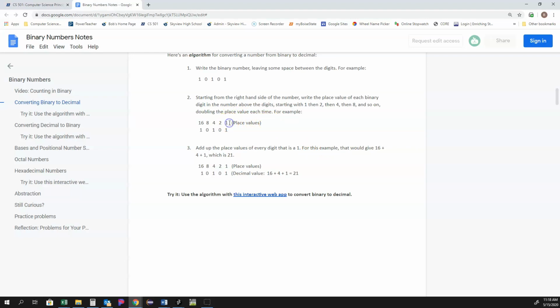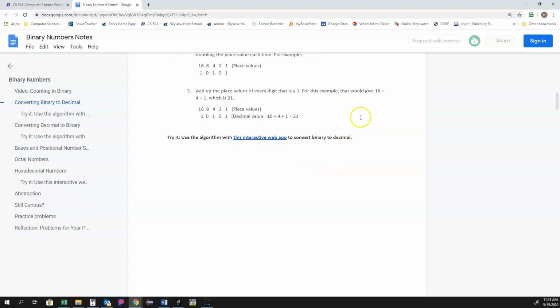Remember, each place value jumps by 2, so we have the ones place, then times 2, 2 times 2 is 4, 4 times 2 is 8, 8 times 2 is 16, and so forth. Then the next one would be 32, then 64, etc. You start with the ones place and put your binary number underneath that number line. Everywhere there is a 1 in your binary, you take the place value from above and add them up.